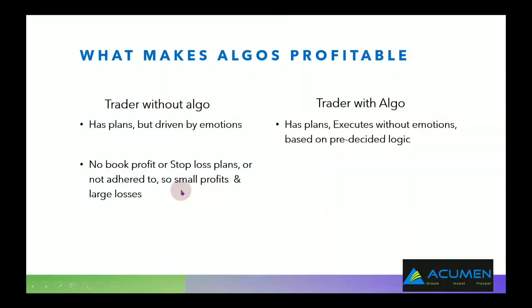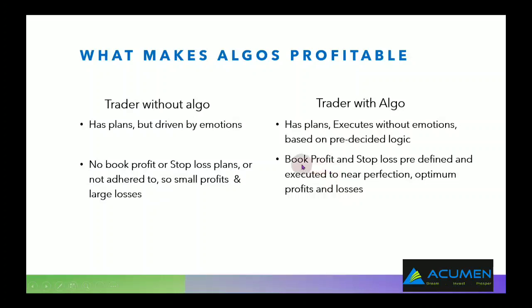So typically, the profits that you made out of 10 trades are lost in one or two lost trades. Whereas in algo, both book profits and stop loss are defined, and because they are defined and executed to near perfection, the profits and losses are optimum.